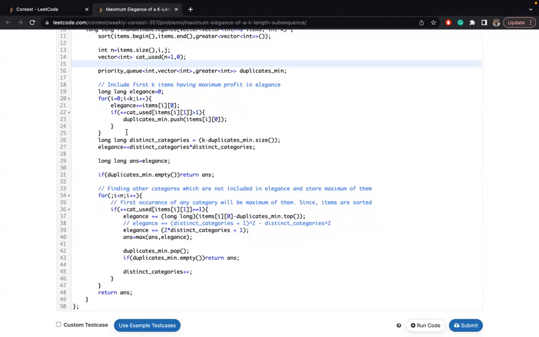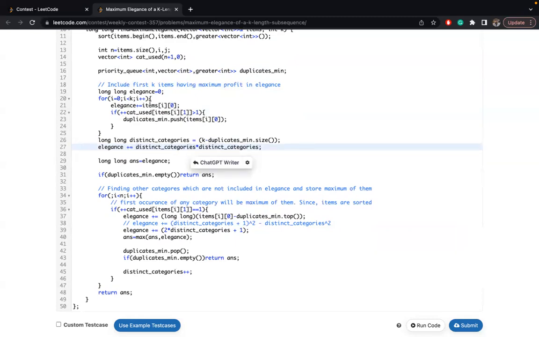Okay, and then I am finding distinct categories. To find distinct categories, I am taking the size of the subsequence, that is k, minus all the duplicates, and that gives the distinct categories. So the final elegance will be total profits plus distinct categories squared.